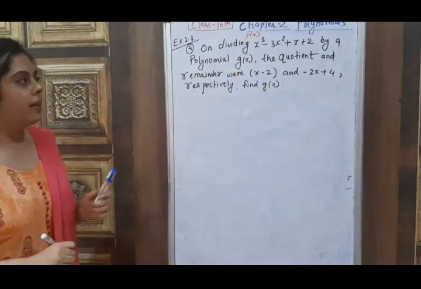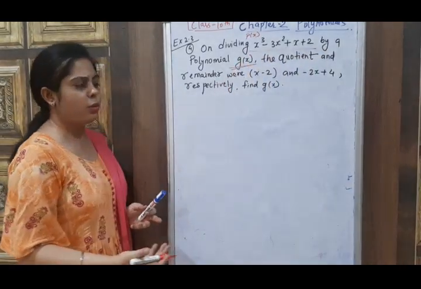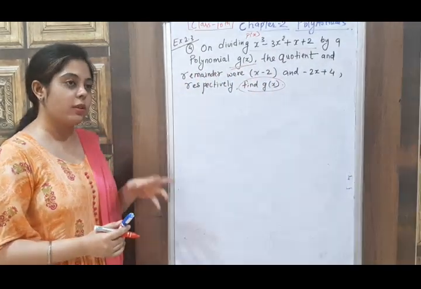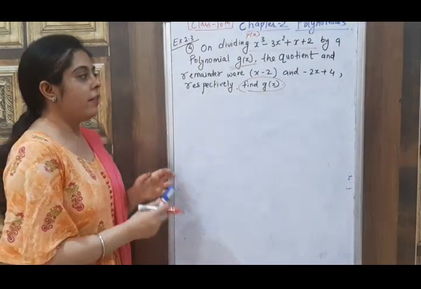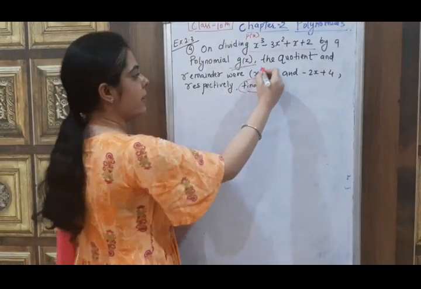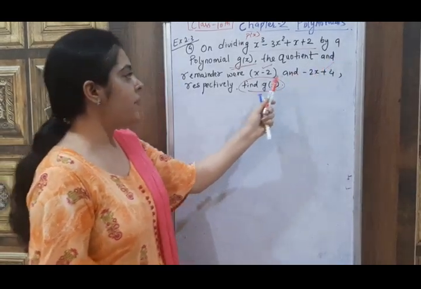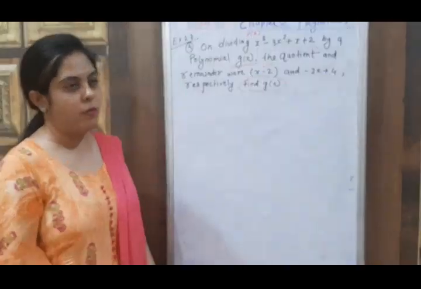And we have to divide this polynomial by gx, and gx we don't know, and that only we have to find here. This gx we have to find here, it is not given, and after dividing we got the quotient x minus 2 and the remainder minus 2x plus 4.